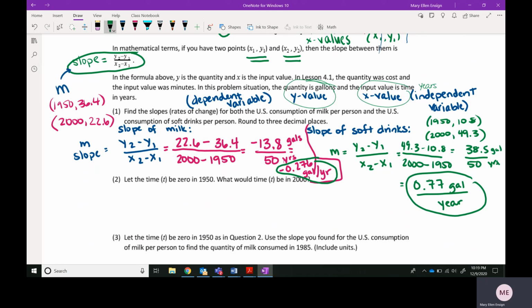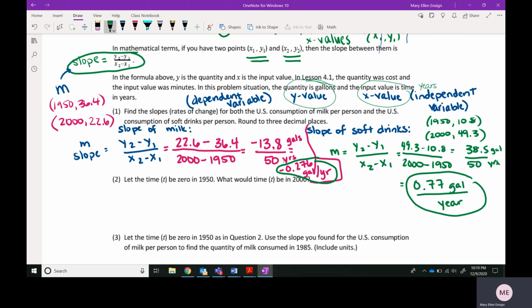Soft drinks are going up every year. Milk is going down by about 1/4 of a gallon per year, and soft drinks are going up by about 3/4 of a gallon. So they're changing faster. You can see that from the numbers too, right? There was a much bigger increase here than the decrease there.